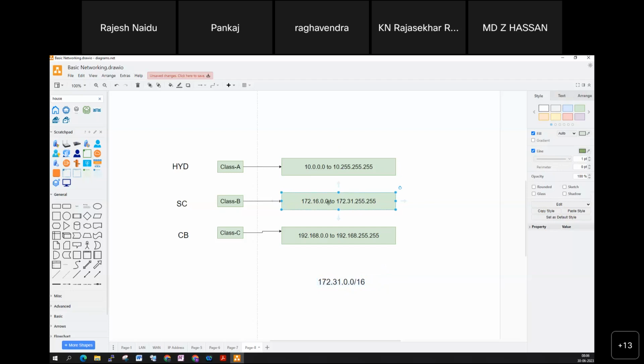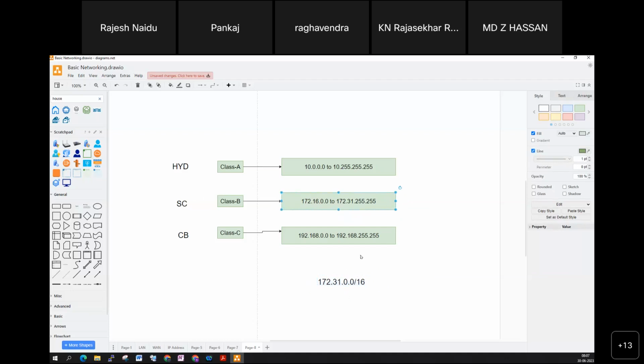Kumar, Hassan, Mani, Kavita, has everybody understood? Can you go one line back? Sorry, the maximum range you just said. Which one is the maximum range, this one or this one?